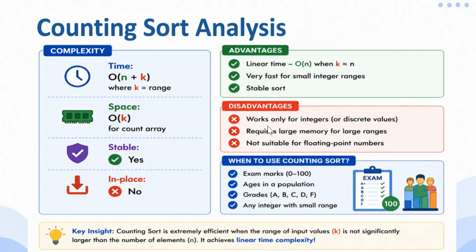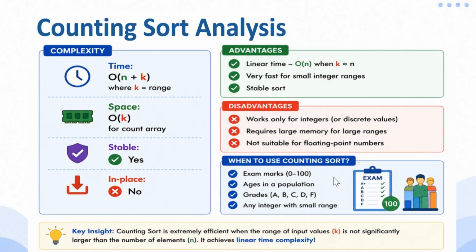And when we look at disadvantages, it works only for integers, right? So you can't use counting sort directly on floating point numbers, strings, or any other non-integer data types, right? And it requires large memory for large ranges. If the range k is large, the count array becomes impractically large.